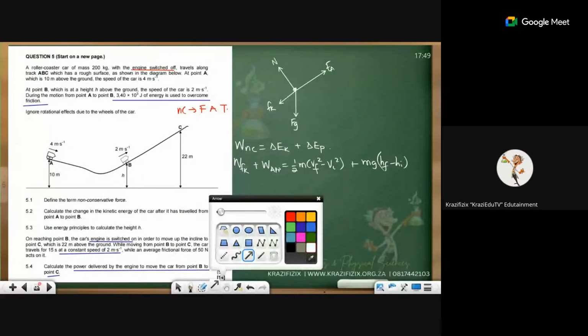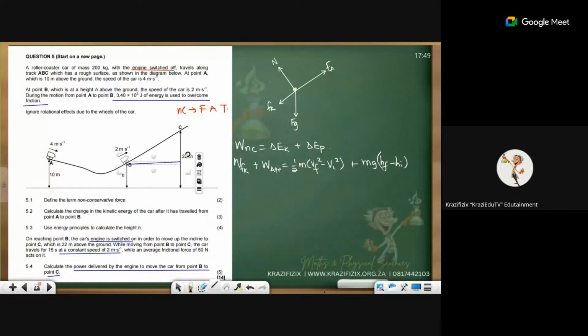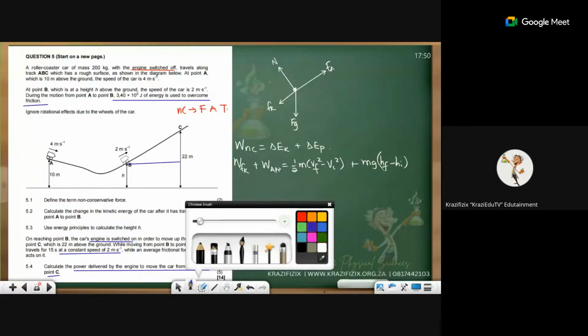Or let me see something. Friction, theta is 0. Minus the h. No, we cannot. This is always our delta x. This is delta x. Oh, it's different from the height.